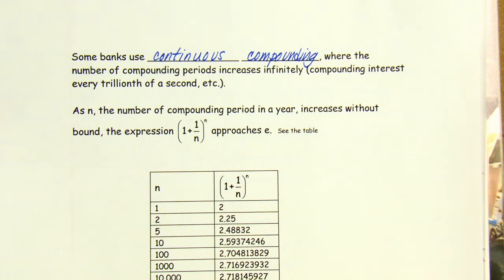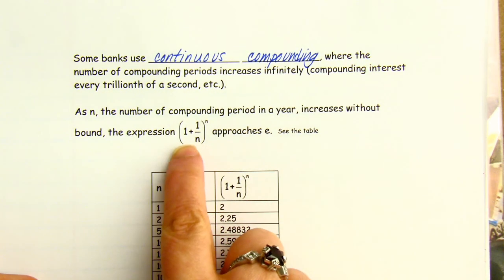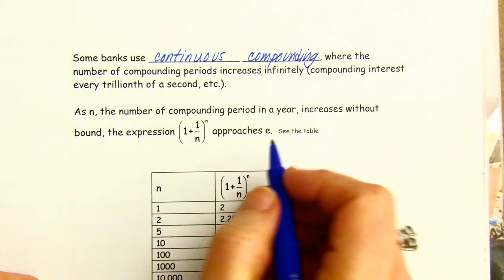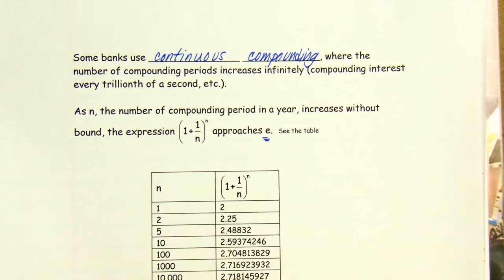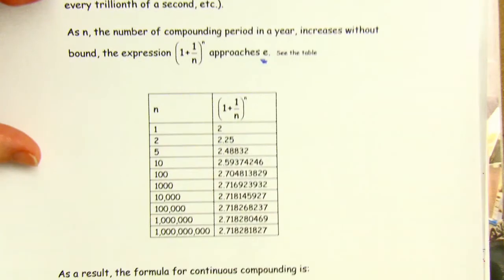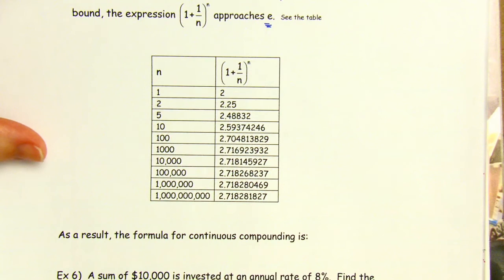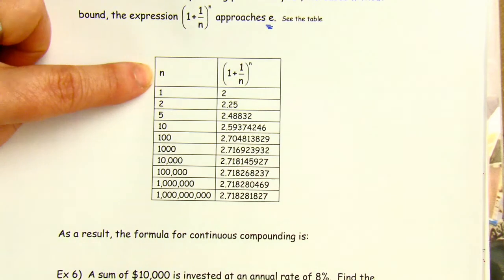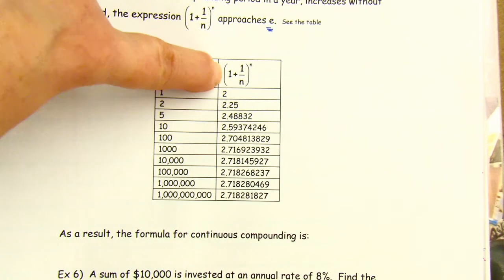As N, which we know is the number of compounding periods in a year, increases without bound, this expression, 1 plus 1 over n raised to the n power, approaches this number that we talked about in the beginning of the lesson called E. And if we look at the table here, here's n, and here is our formula.